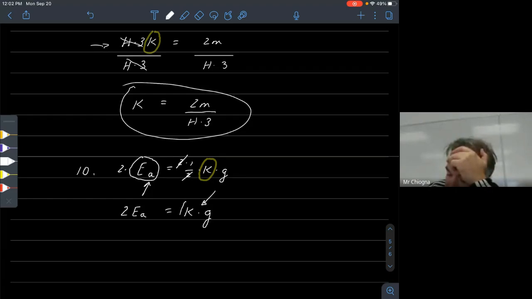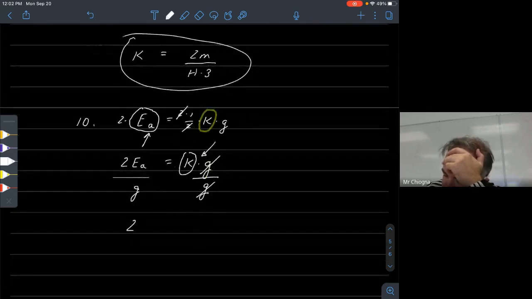And I'm solving for the K. If the G is multiplied, to remove it, do the opposite: divide. Do the same thing on the left. And that's my final answer.